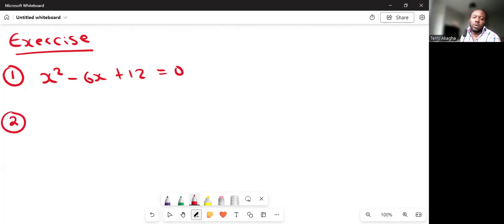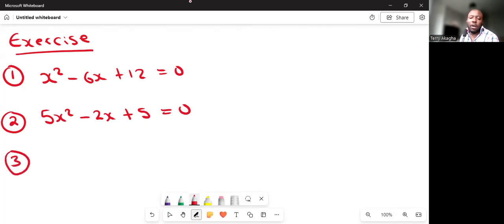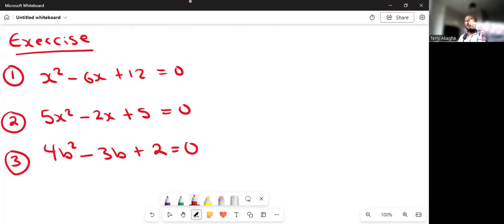Number two, solve 5x squared minus 2x plus 5 equal to 0. Number three, try 4b squared minus 3b plus 2 equal to 0. I want you to try these three questions and see if you get the same thing. If not, you can send me an email and we'll have a discussion about it and I'll show you how to do it.